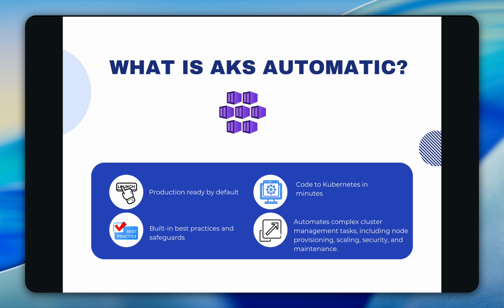The clusters are built with best practices and safeguards. That means it includes almost everything that you need to build the Kubernetes cluster according to best practices. And you can easily deploy your application within minutes. You can spin up a cluster, then deploy your application very quickly and rapidly.